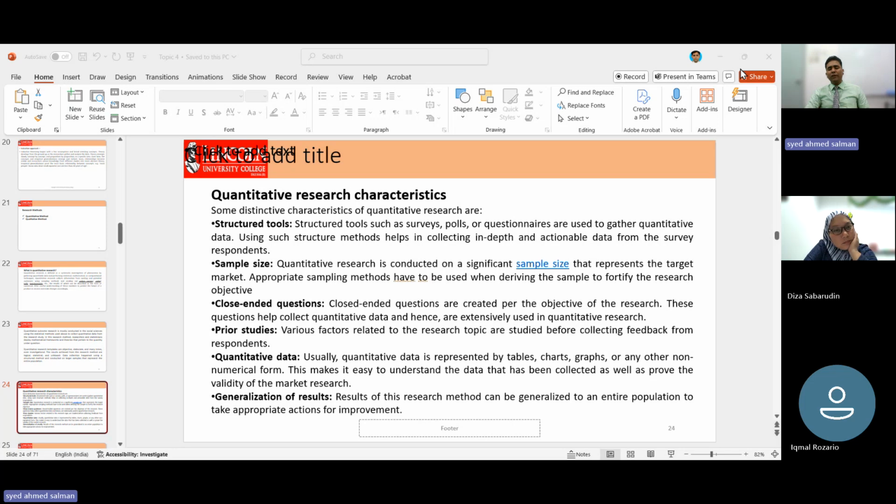If you are doing the quantitative research and you have chosen the random sampling, then you can generalize the results. If you have not chosen the random sampling, then you cannot generalize the results. So what do you understand here?